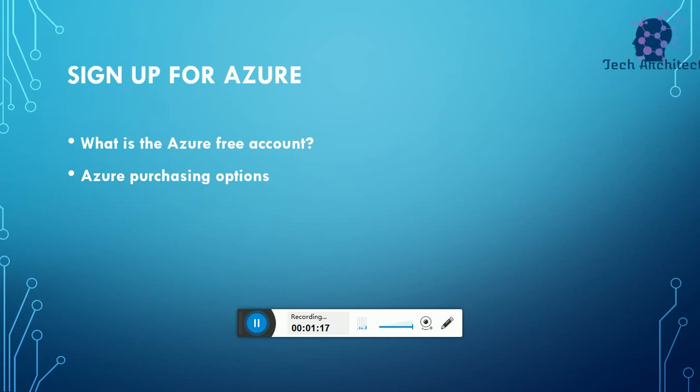The free account includes free access to popular Azure services for 12 months and a $200 credit with which you can access the different services. Mind it, the $200 credit is only for 1 month, while the free services are for 12 months, and more than 25 other services are offered as always free.